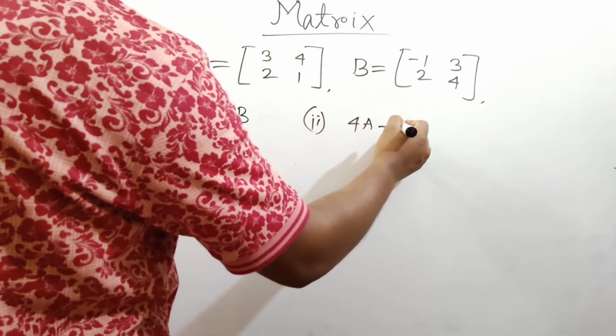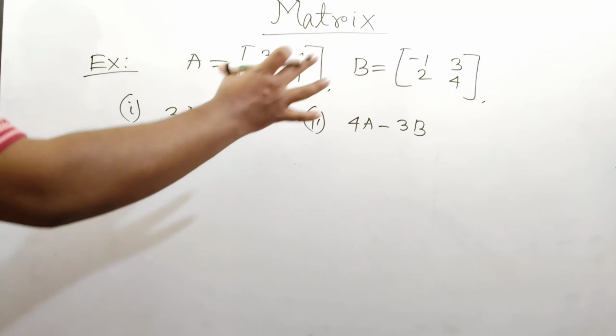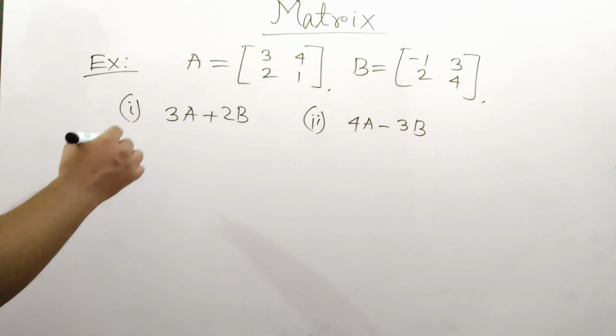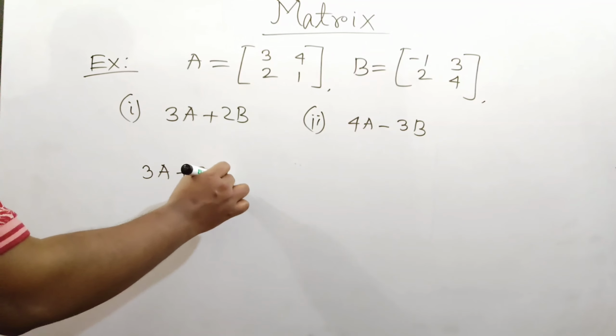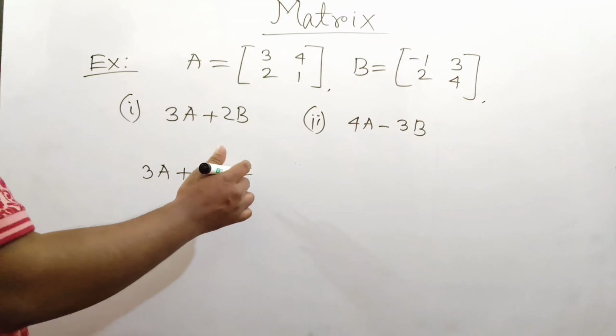For finding these two answers, you need to multiply. That means you first need to multiply the matrix A with the constant 3, and also multiply the matrix B with constant 2, and then you do the addition. When you do these problems, you can solve them in that way.